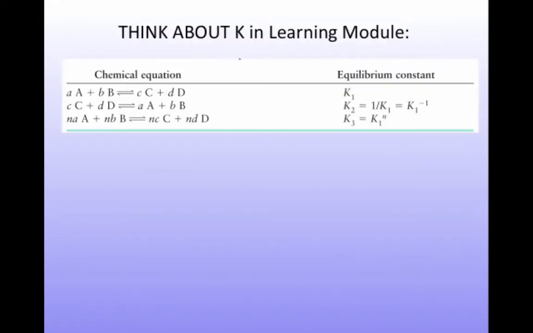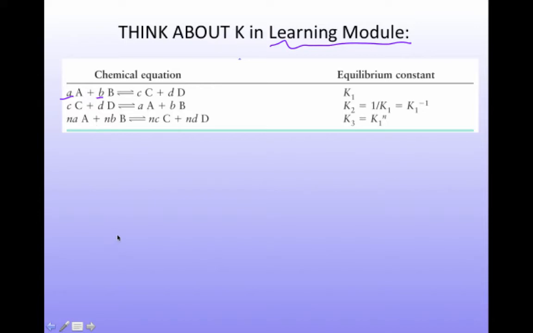So now we got to think about K and how to manipulate it, and there's actually a specific learning module on this. But a very important idea is, of course, that since K depends on the balanced equation, what are the stoichiometric coefficients, what are reactants, and what are products?